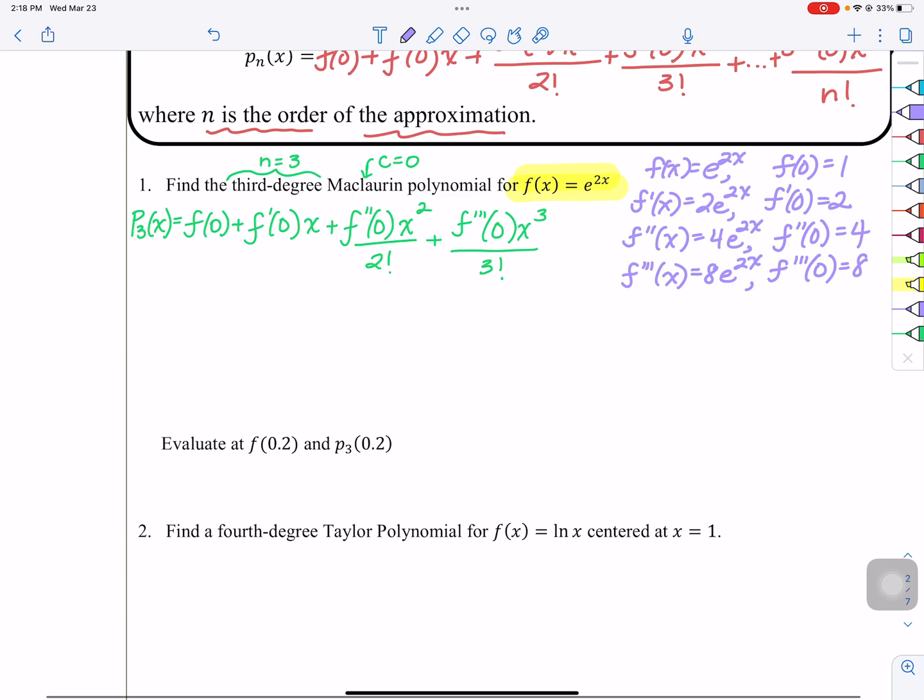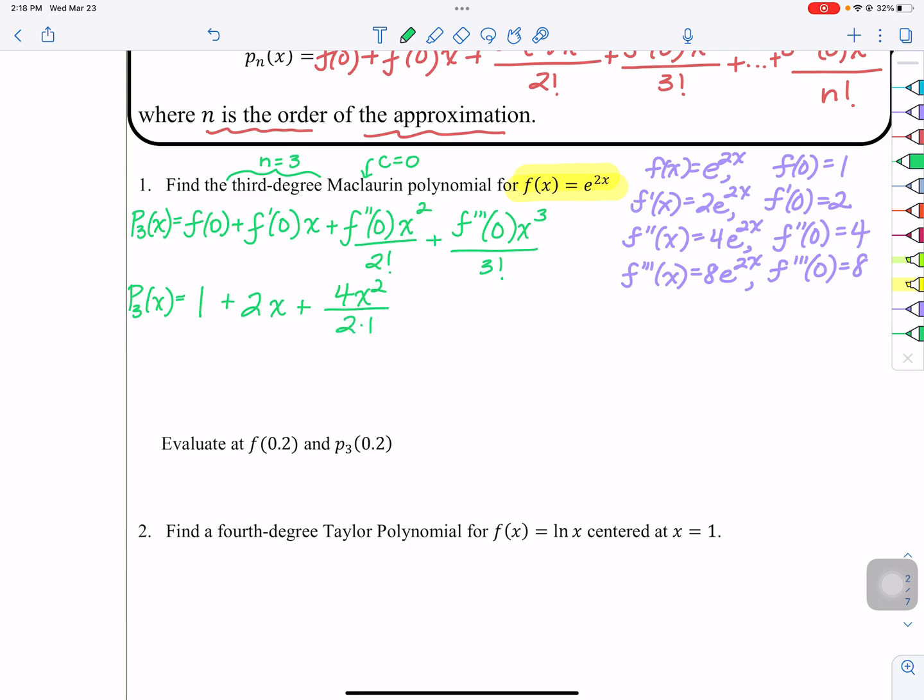Okay, so now we can go back over to our third degree polynomial, and f of 0 we have as 1 plus f prime of 0 is 2 times x plus f double prime of 0 is 4 times x squared over 2 factorial.